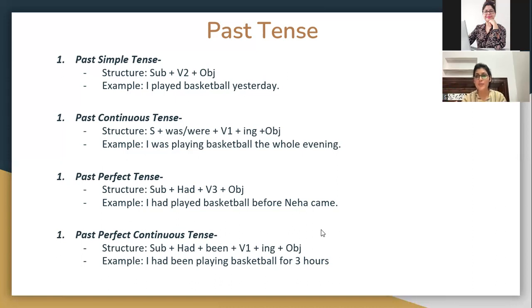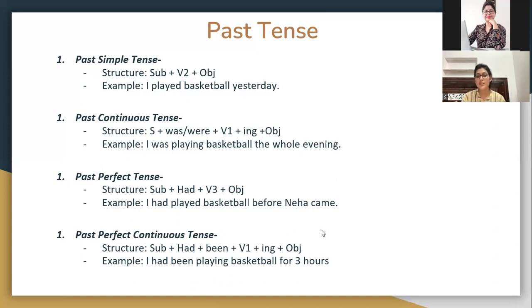So this is past perfect continuous. The difference is the helping verb, had or have. In the past we use the helping verb had.